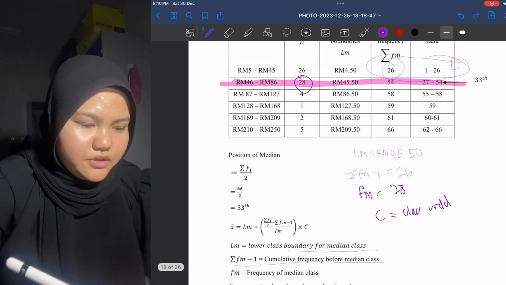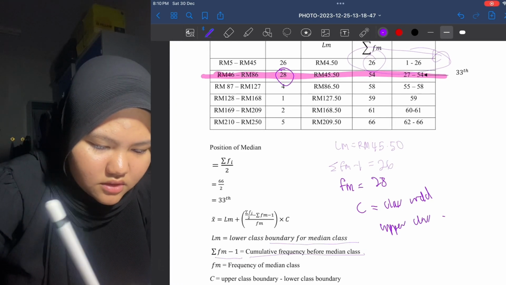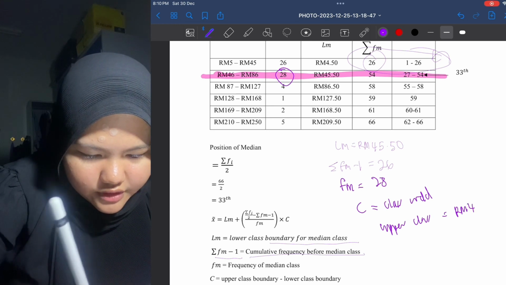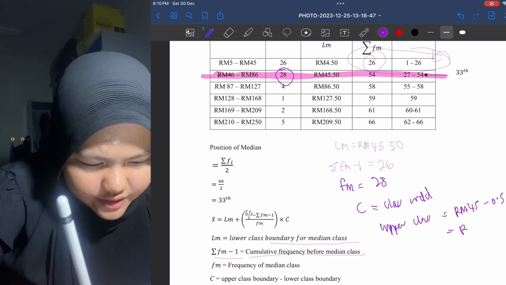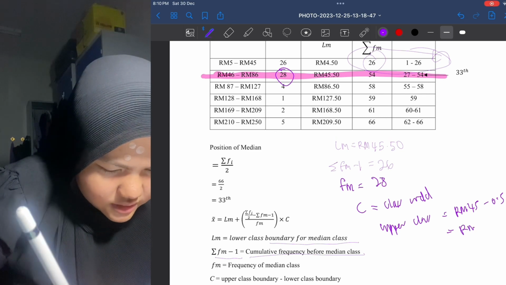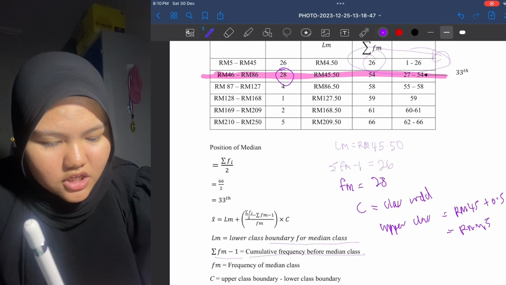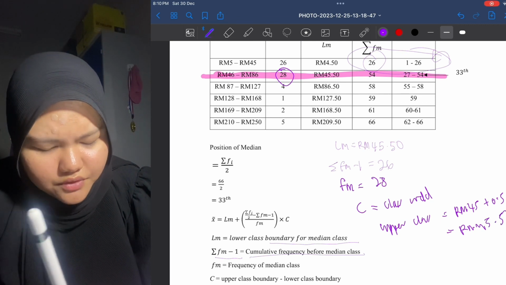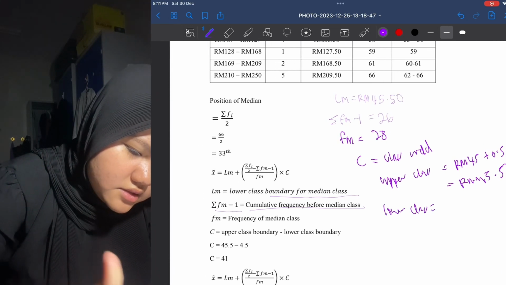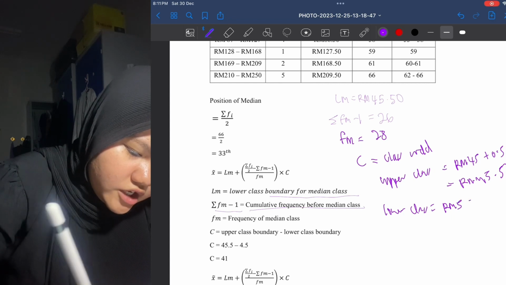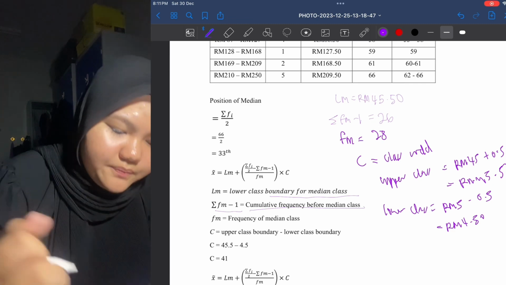The upper class boundary is RM45 plus 0.5, so we get RM45.50. The lower class boundary is RM5 minus 0.5, which gives RM4.50.